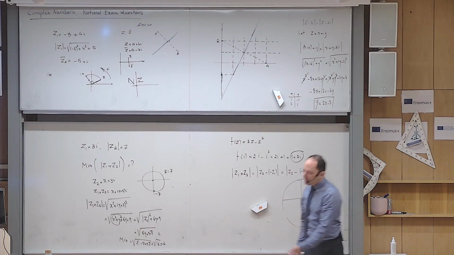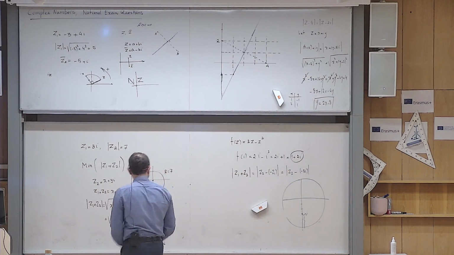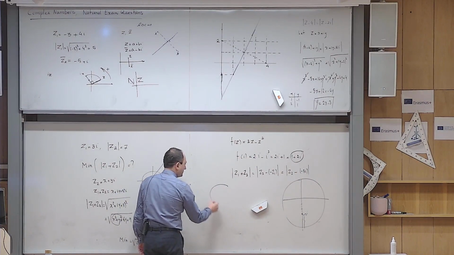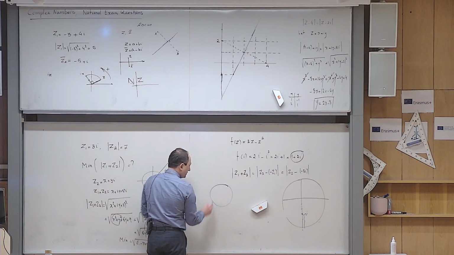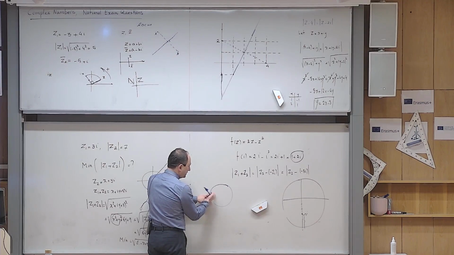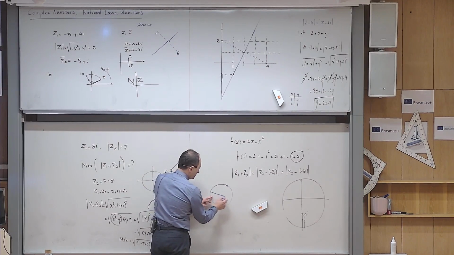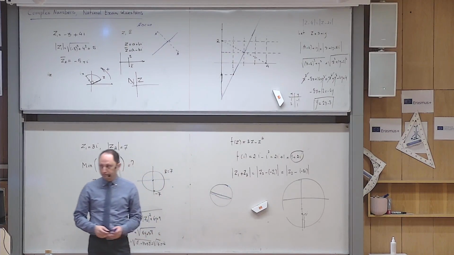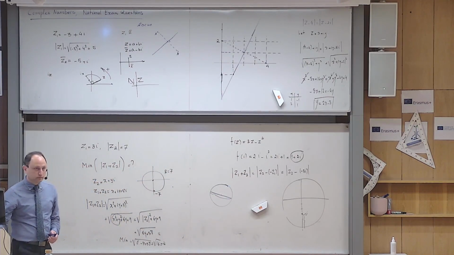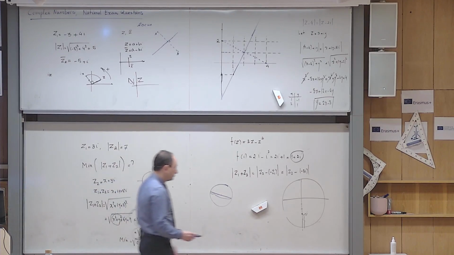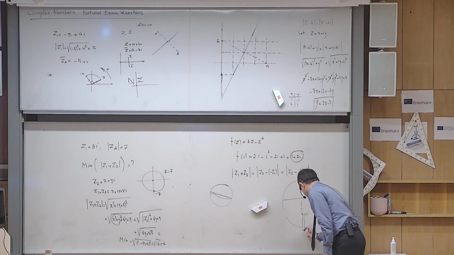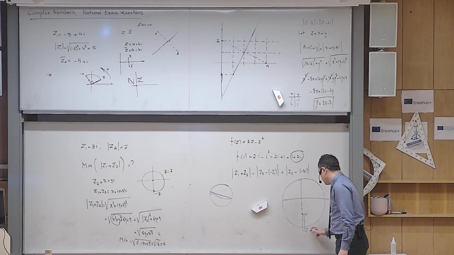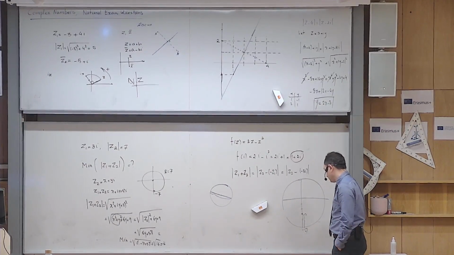Of course, you can prove it rigorously using Euclidean geometry, but in principle, if I have one point here and I want to find the minimum distance, I find this one and connect them, and this one is the minimum, this one is the maximum. Because the minimum, z2 is minus 7i. This is minus 7, yes, and this is minus 3. And this distance is the minimum.